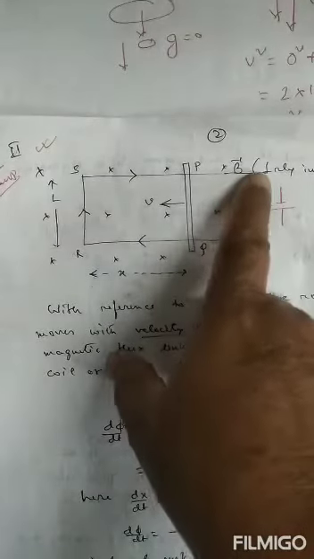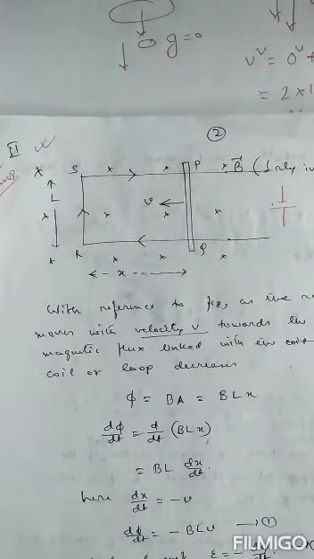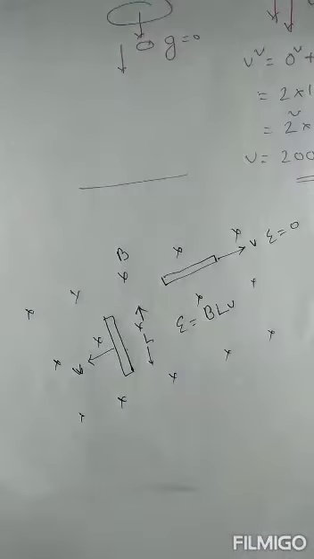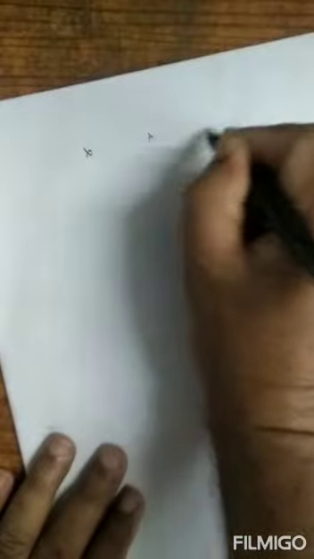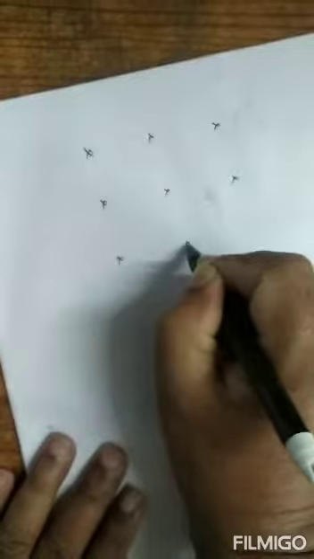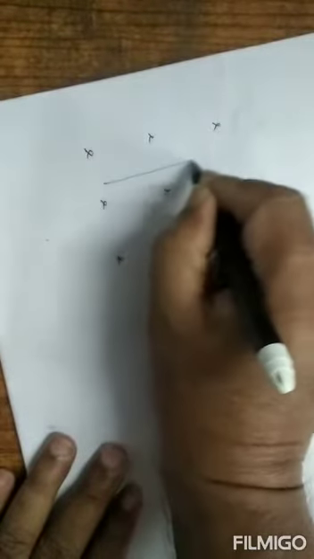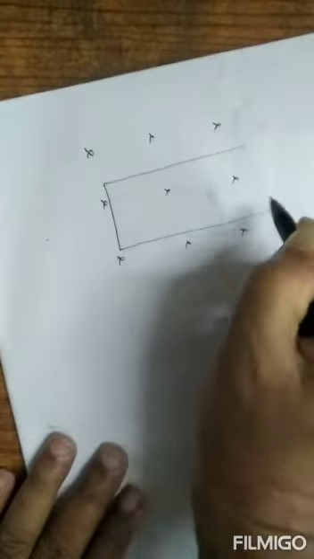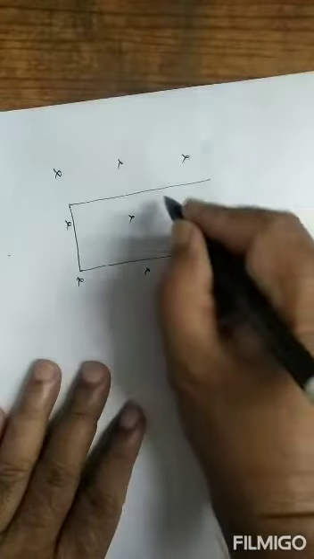So this is a rectangular frame. This is the inward magnetic field. This is a rectangular frame, and the resistance of this wire is negligibly zero. Resistance of this frame is negligibly zero.